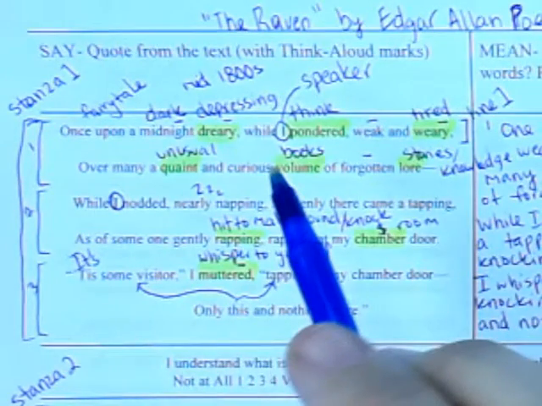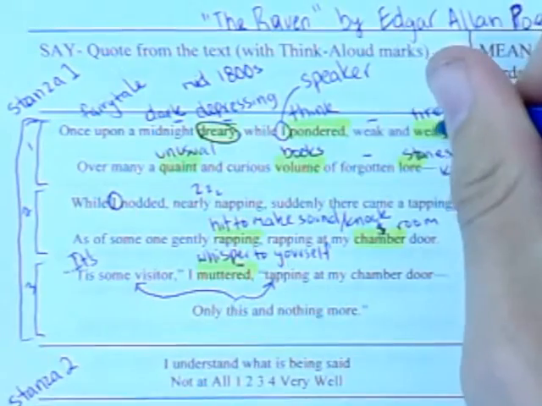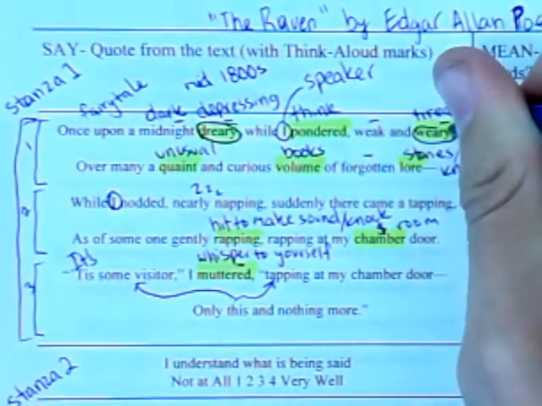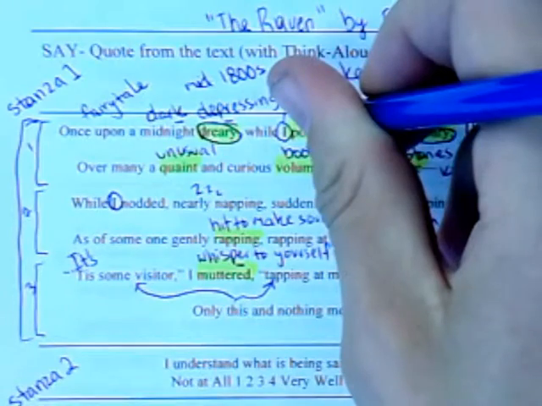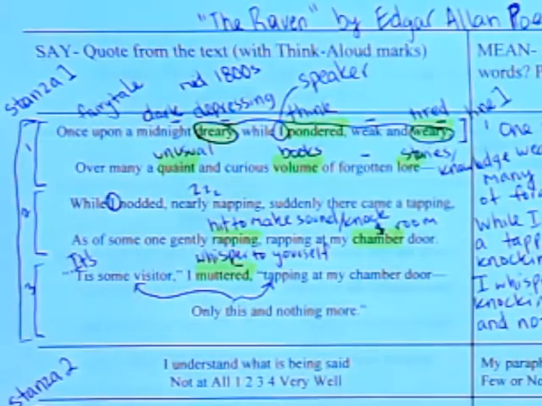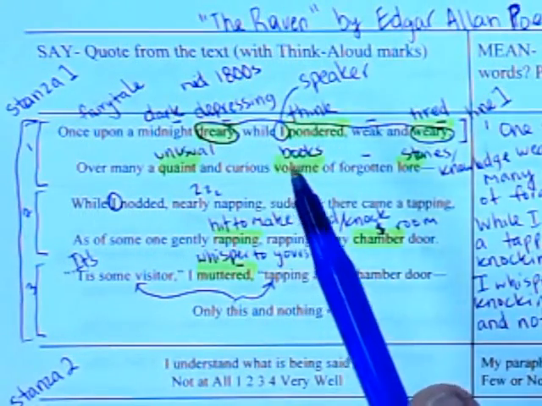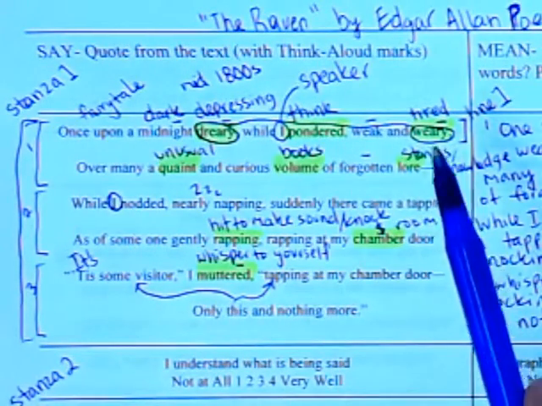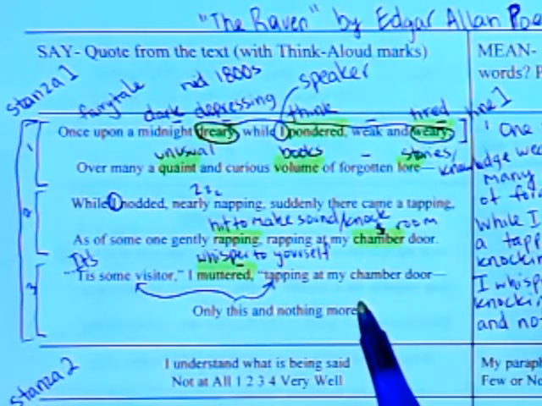So dreary is an internal rhyme with the word weary. So I'm going to do that. I'm going to make a line that connects those two. Right, so once upon a midnight dreary, while I pondered weak and weary. So that's an internal rhyme right there. You need to write those 2 words over on the right side.